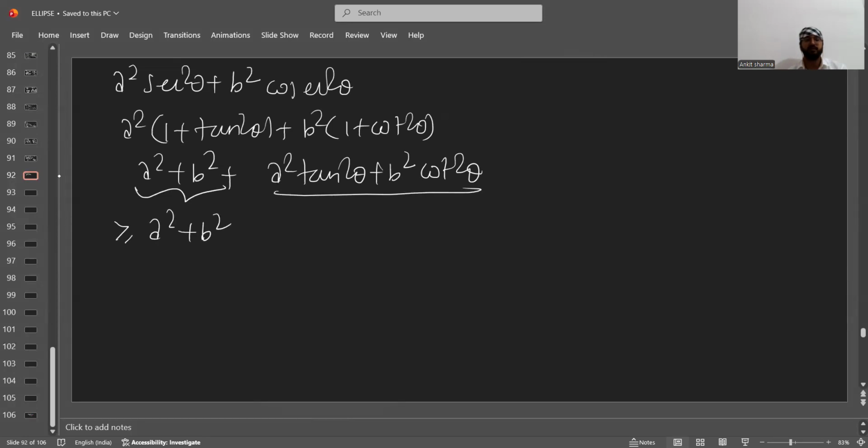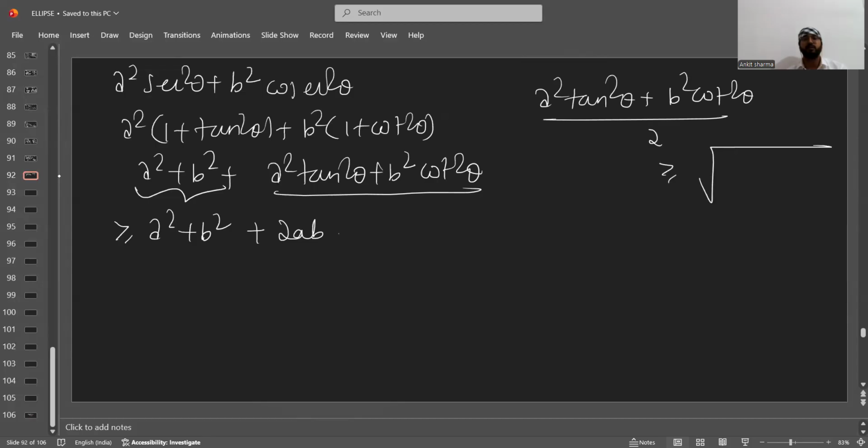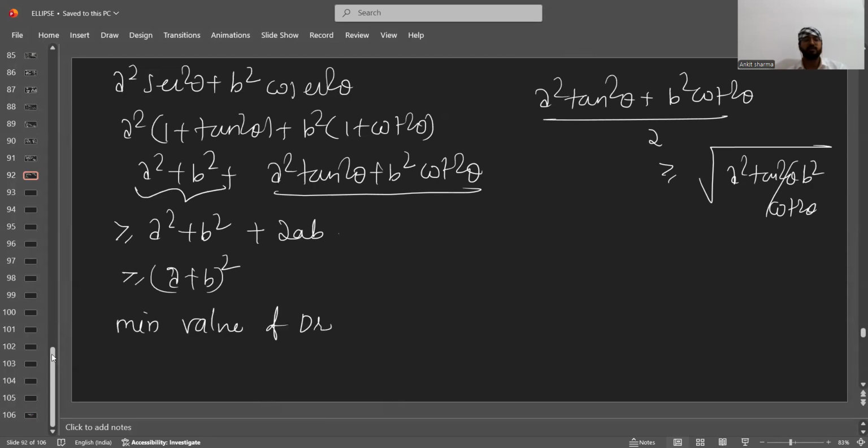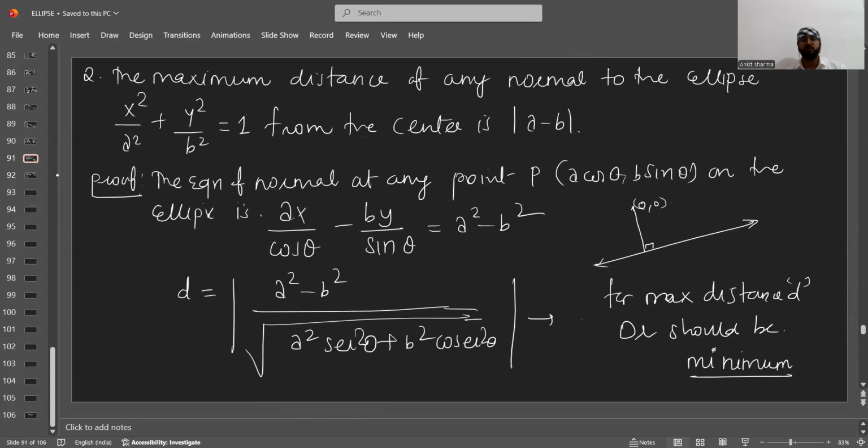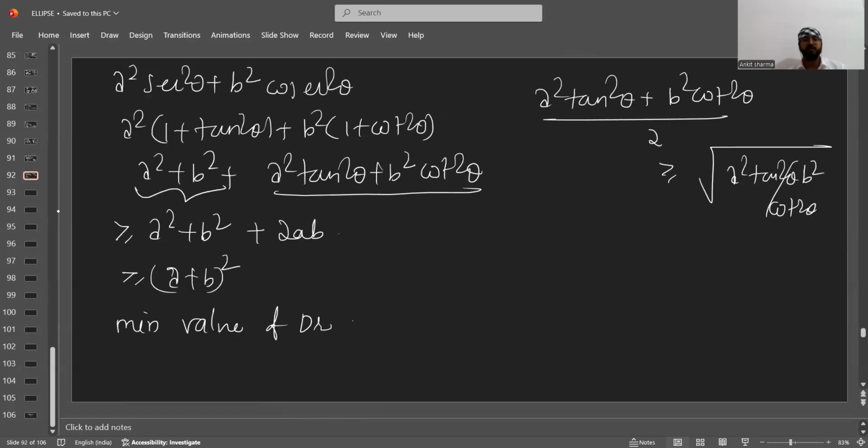So this will be greater than or equal to simply 2ab, because we can apply AM-GM. a square tan square theta plus b square cot square theta over 2 is greater than or equal to the square root of their product, which is a square tan square and b square cot square, so we get 2ab. So this is nothing but a plus b the whole square. That means I get the minimum value of the denominator. Since the denominator is in the square root, we take the square root here also, so I get a plus b.